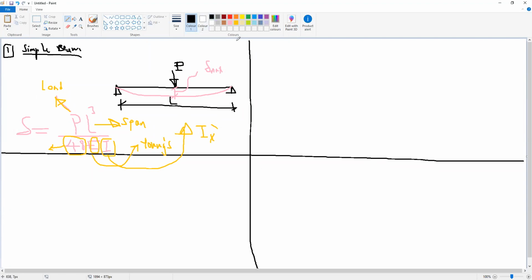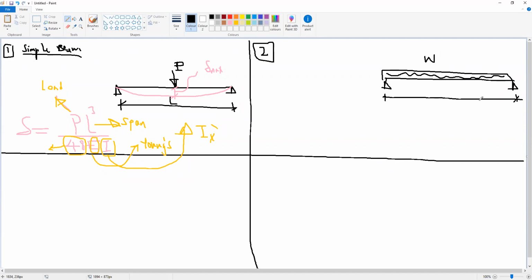Okay. The second case is also a simple beam, but with a uniform load instead of a concentrated load. If we have uniform load W and the span is L, the deflected shape for this beam is similar to that of the concentrated load, and the maximum value will also be in the middle, delta.